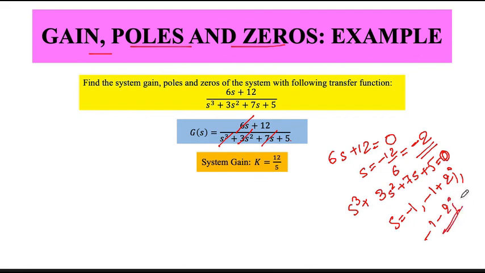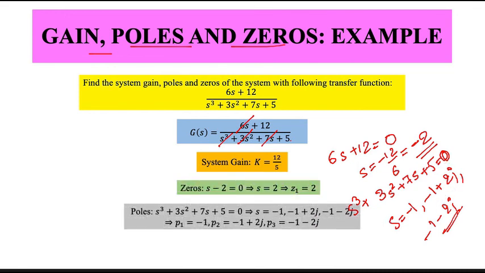So what do we observe here? Of course, the gain is always a real number. The poles and zeros could either be real numbers like minus 2 or minus 1, and if they are complex, they will always be in conjugate pairs. For example, there will never exist just a pole at minus 1 plus 2j. If minus 1 plus 2j exists, there will always be minus 1 minus 2j.